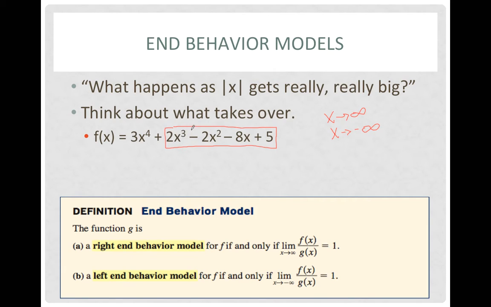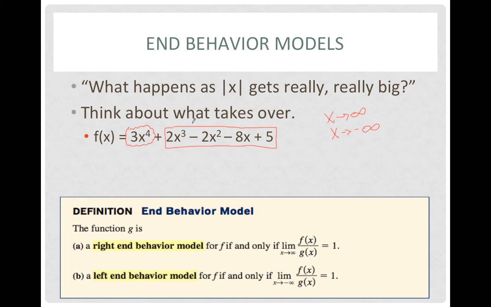Because as x gets big, this cubic gets big, but the x to the fourth power is going to get bigger faster. 3 to the third power is 27, but 3 to the fourth power is 81. Just at 3, it's already really, really big.